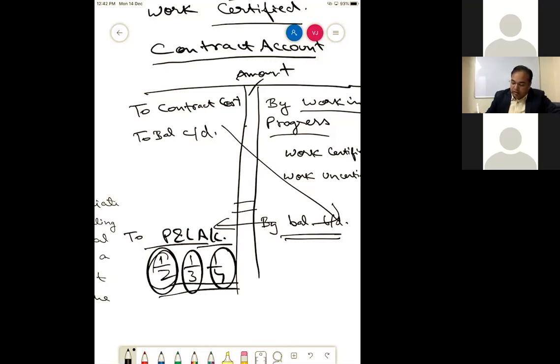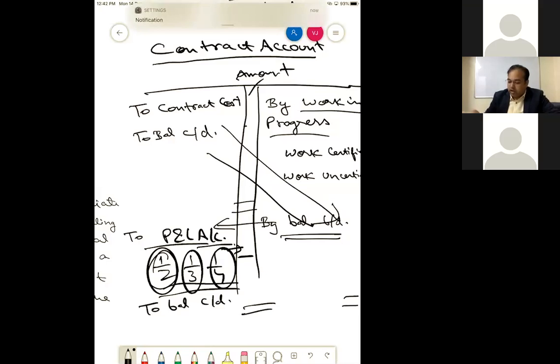And whatever balance is there after transferring it to PL account, we carry it down and both figures are matched. So some of the amount which has been brought down is transferred to profit and loss account. When we do a question, it would be more clear. So shall we start with one question, numerical?